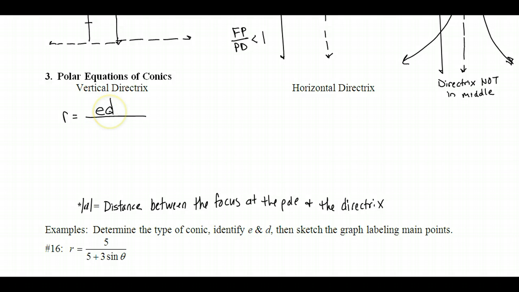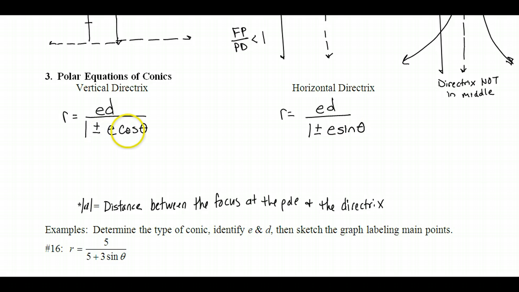So our equation is eccentricity times our distance divided by 1 plus or minus eccentricity times cosine theta. Well, horizontal directrix is the exact same formula, except instead of cosine, it is sine. So r is equal to eccentricity times your distance divided by 1 plus or minus eccentricity times sine theta.